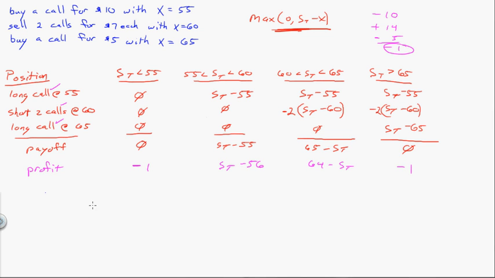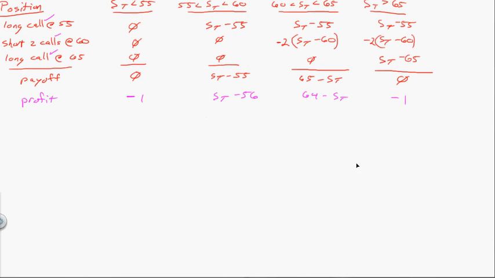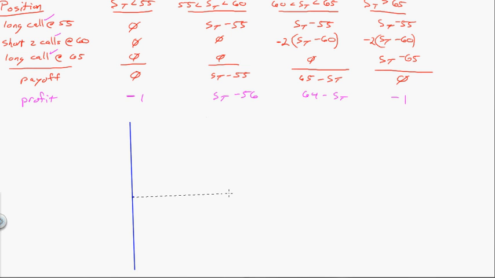Alright, I'm going to have to slide this thing up a little bit here, and now I can draw my payoff and profit. So this goes 55, 60, 65. So if I'm below 55, my payoff is 0.